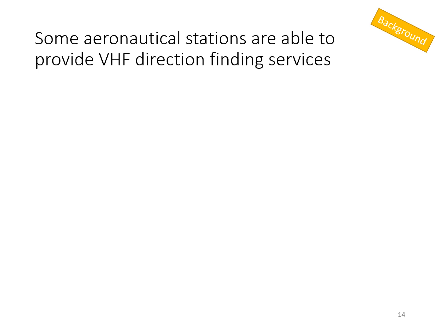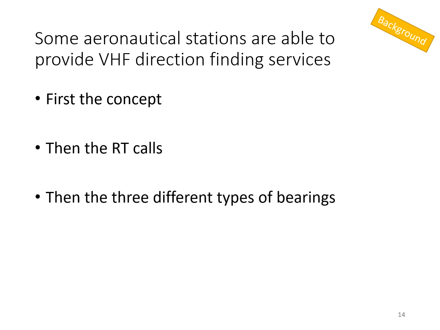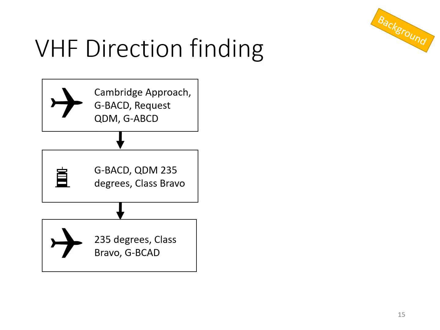Some aeronautical stations are able to provide VHF direction finding services. We've got to cover first the concept, then the RT calls that we'll use, and then the 3 different types of bearings. They're not hugely useful to a glider pilot, but you do need to know about them for the FRTOL exam. Here's an example.